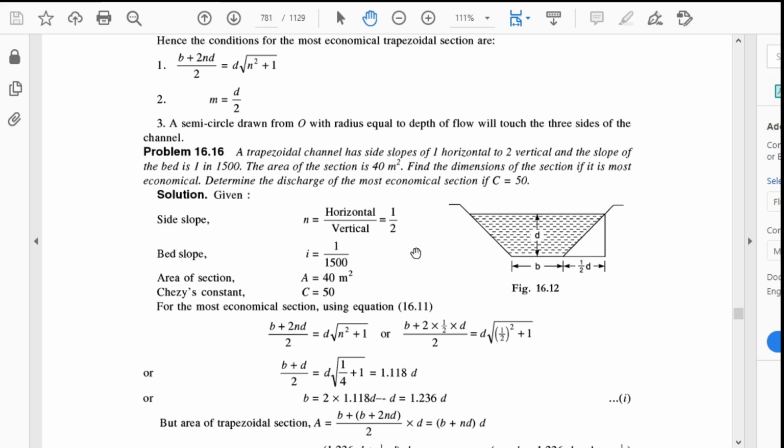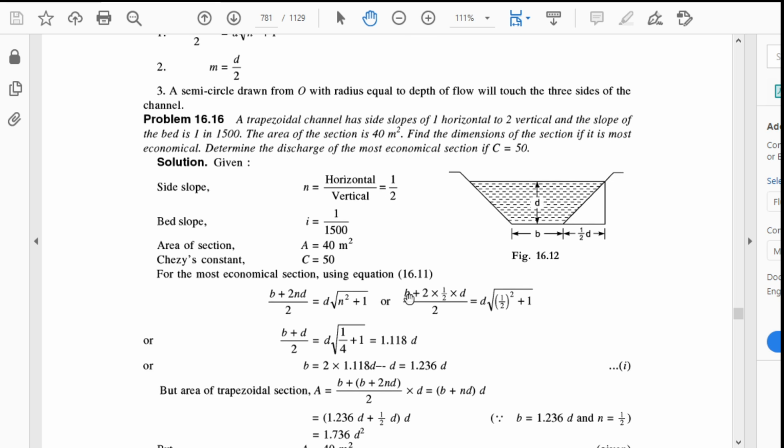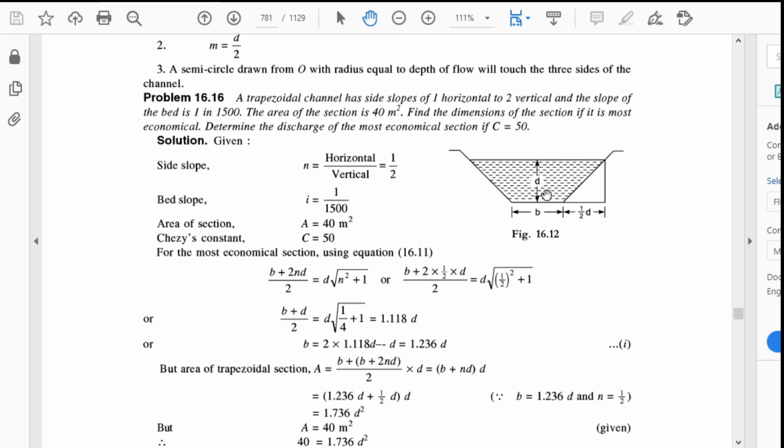That n is nothing but your side slope, and i is nothing but your bed slope. D is your depth, bed width is b, and here you can simply take half of d as this remaining side, because the side slope they have given is 1 by 2.